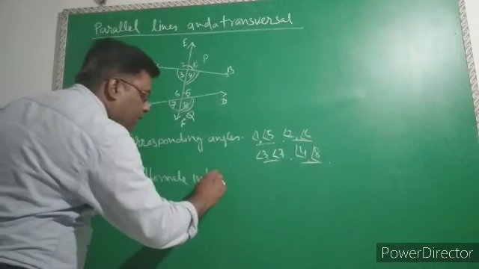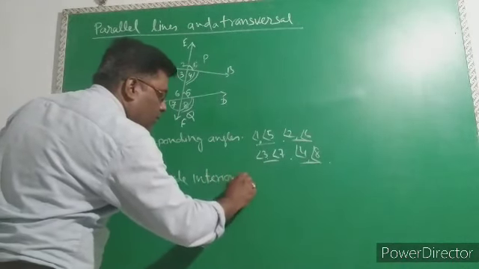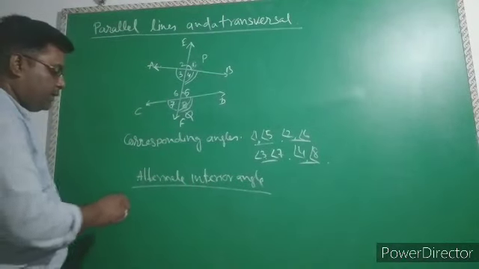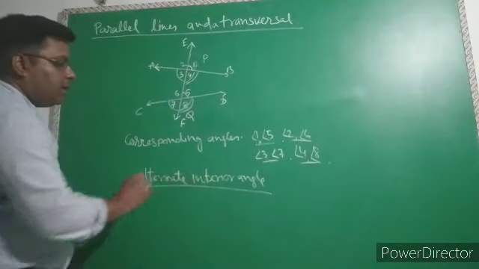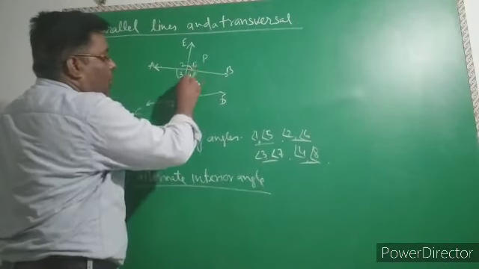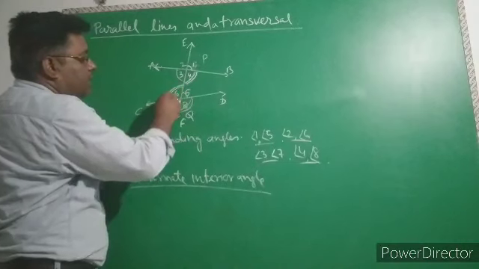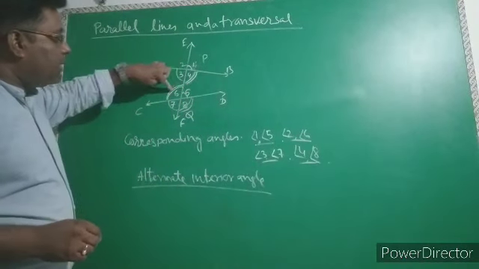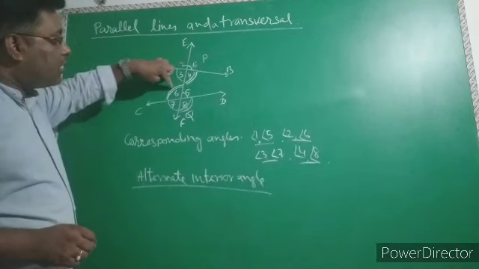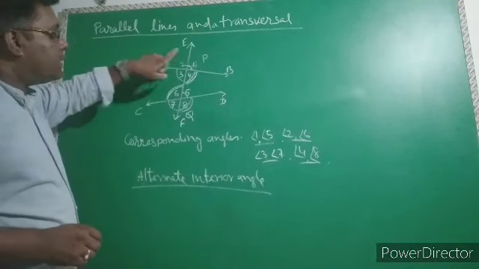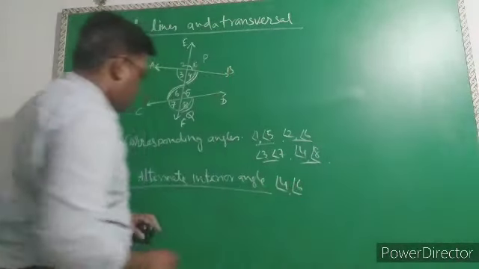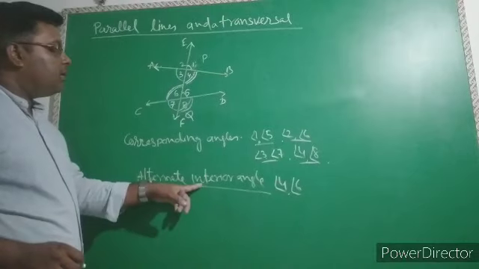Similarly, we get alternate interior angles. Angle 4 and angle 6 are inside, in the interior, and they are on opposite sides of the transversal. So 4 and 6 are called alternate interior angles.